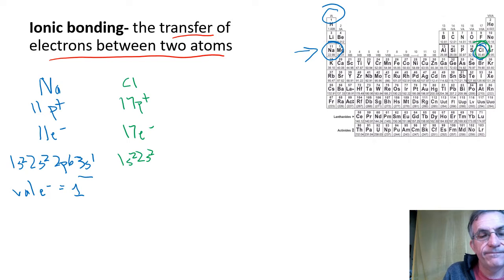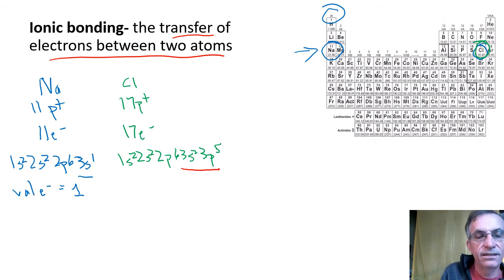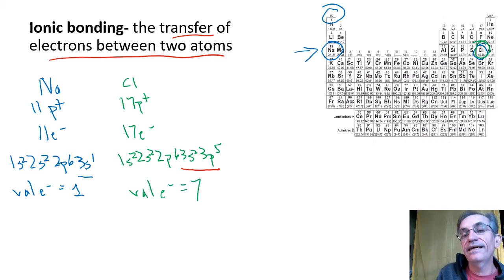Erase that and fix it. All right, that would be what it is: 1s2, 2s2, 2p6, 3s2, 3p5. If I asked you how many valence electrons it has, the third shell is the outermost shell, and in the third shell, 2 and 5 add up to 7. It's in column 7A, so that sounds right.